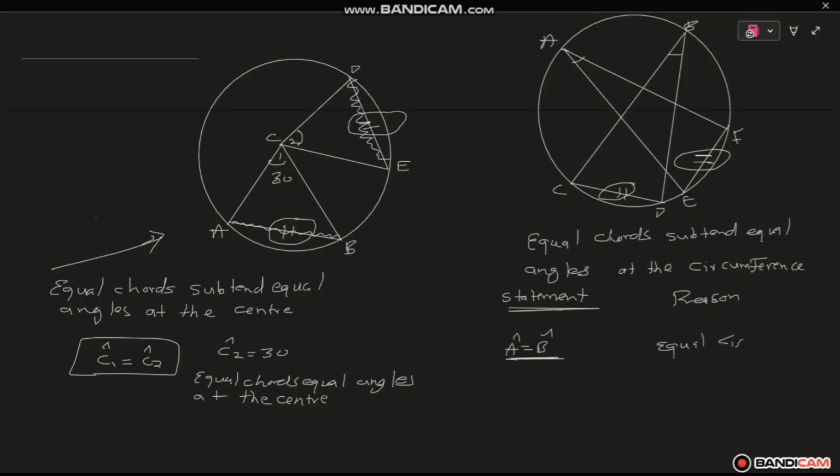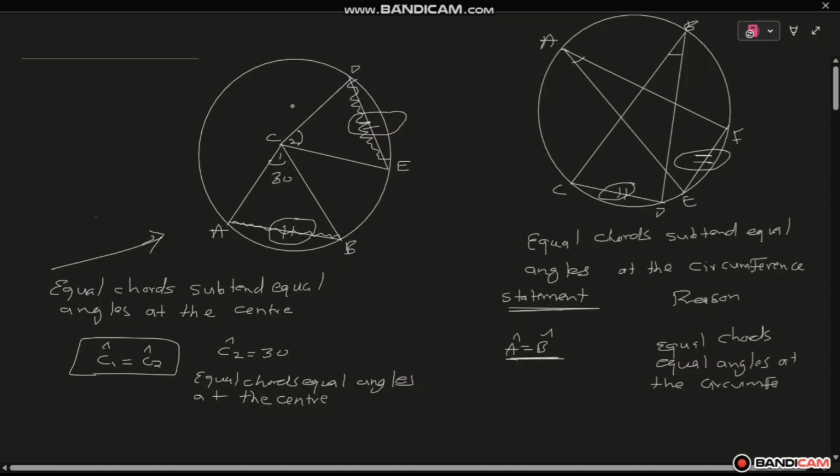Sorry, not angles. Let's start it by chords. So equal chords, equal angles, not at the center now, but at the circumference. I hope you can differentiate between the two theorems.